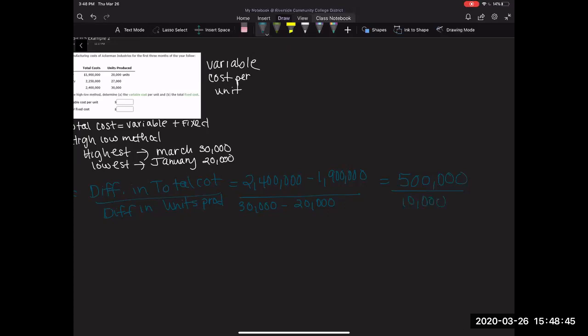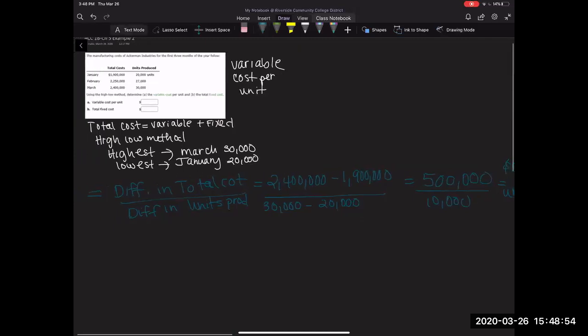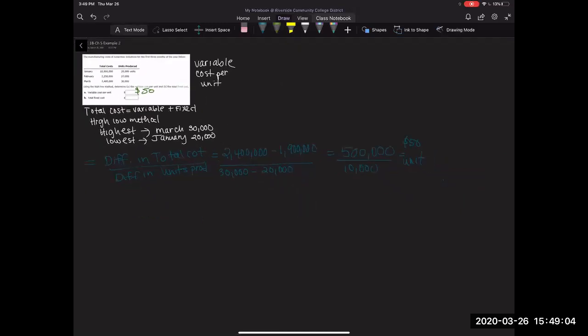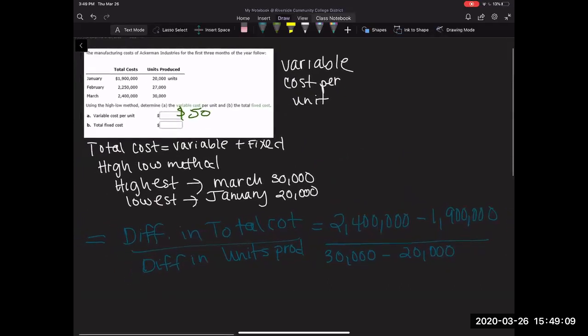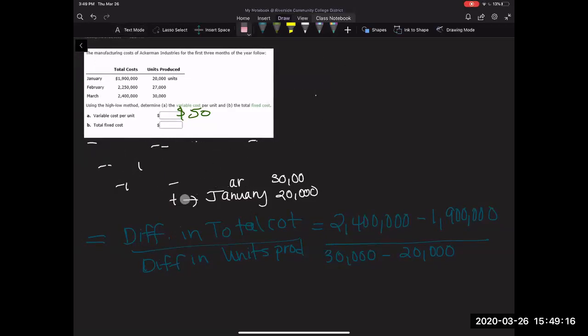So my variable cost per unit is $50 per unit, okay? So this is what I would put here in A. My number would be $50 per unit, okay? But that's not enough. It's asking us to come up with the total fixed cost as well, right? So that's this part. Now that I've figured out my variable cost, I'm going to erase for a bit, and now I'm going to come up with my fixed cost. So give me a second.